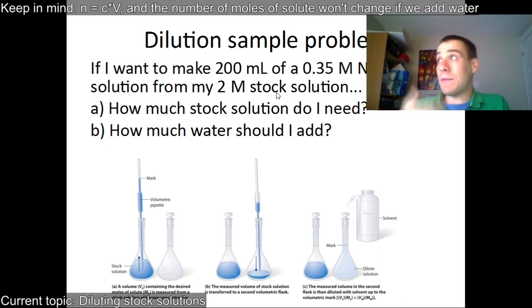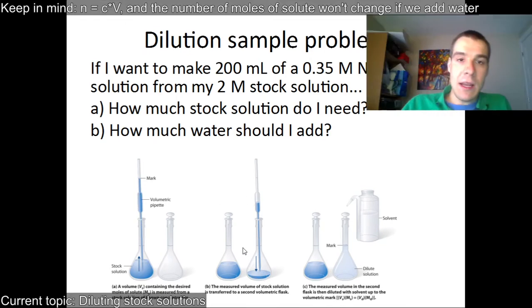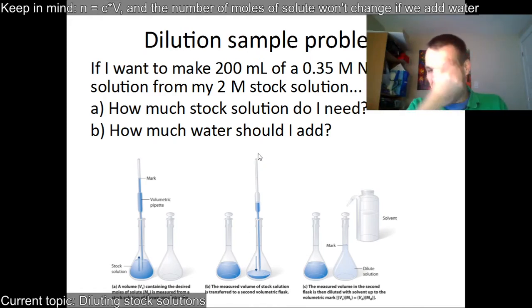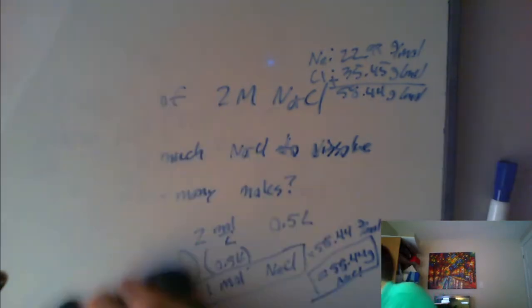That's what we did in that first practice question. But I want 0.35 molar salt solution, and I want 200 mils of it. The question is, number 1, how much of the stock solution should I pull into my pipette so that I add that to my new thing? And number 2 is, how much water should I add? So let's go over to the whiteboard, and we will write all of that fun stuff out.